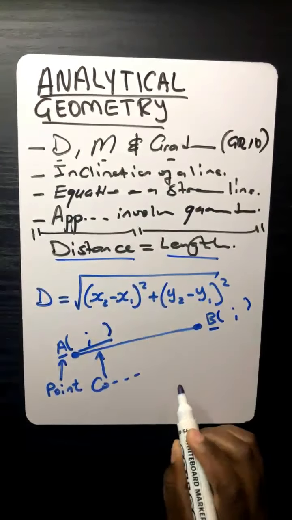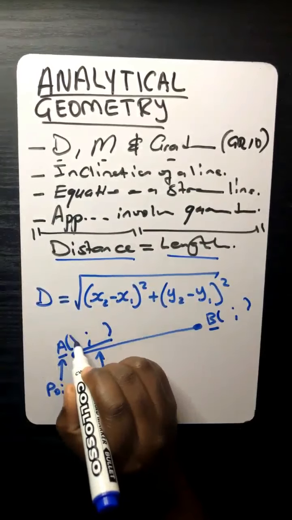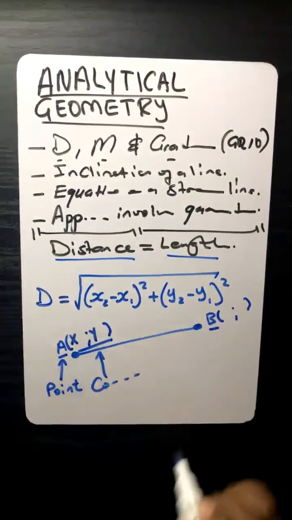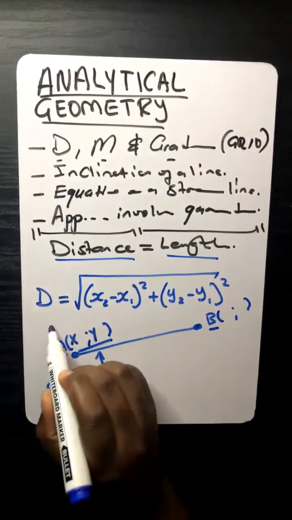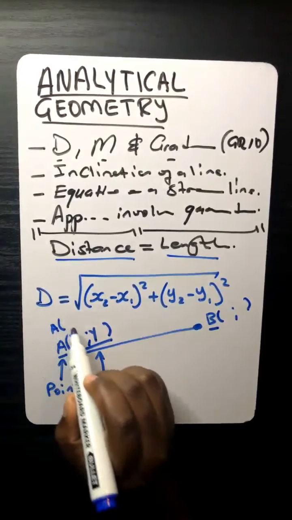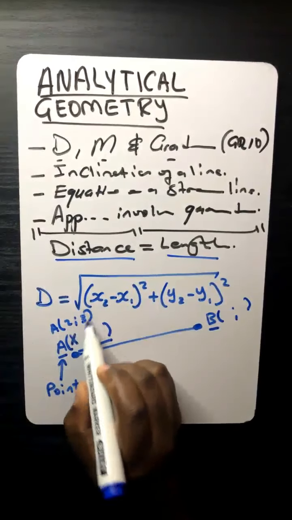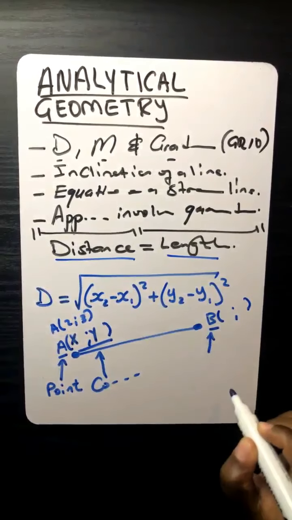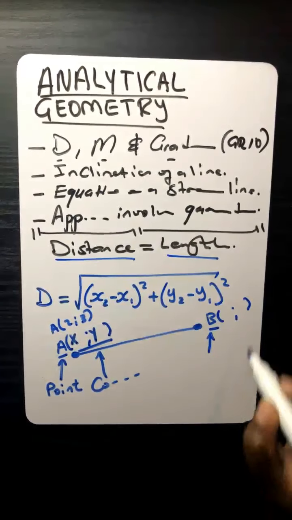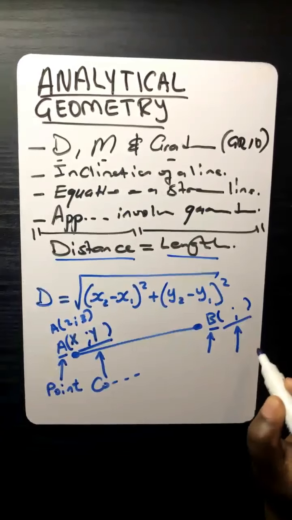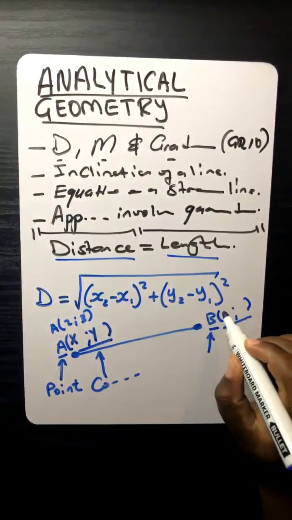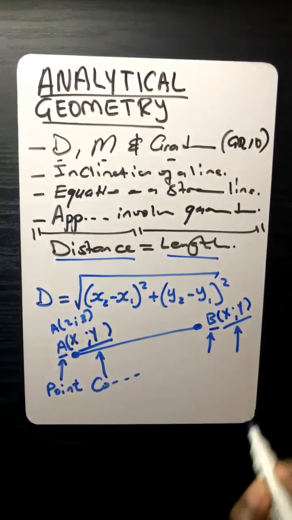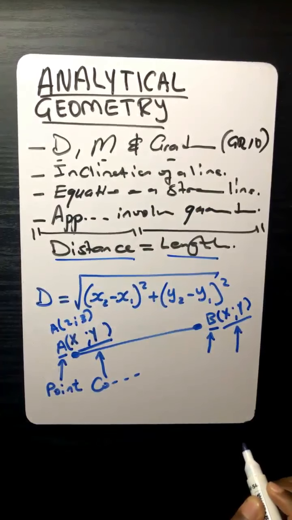So that means the coordinates have got an x and y value. For example, they can say point A has got the coordinates of 2 and 3. Very, very much important, ladies and gentlemen. The same applies there. This is point B, and point B has got coordinates, which we know are represented by the x and the y value.